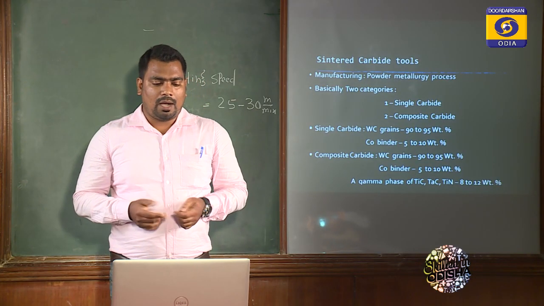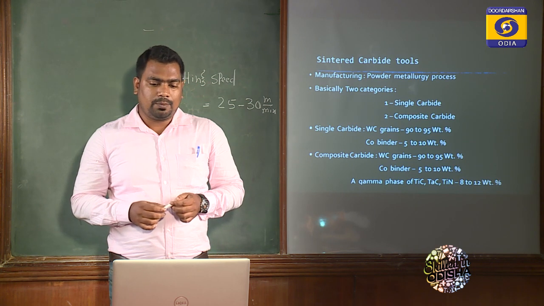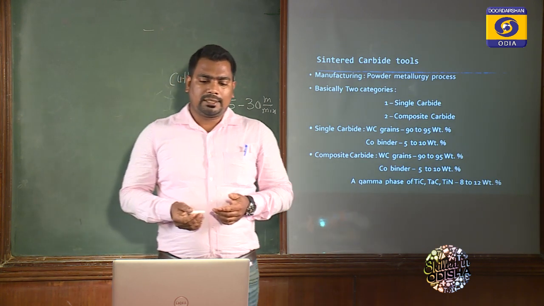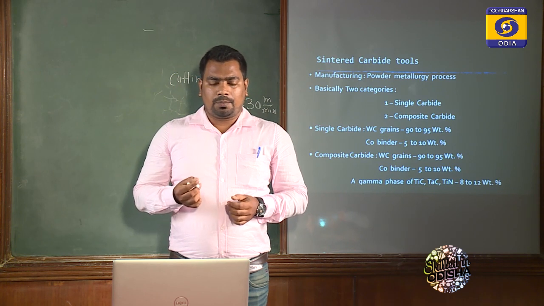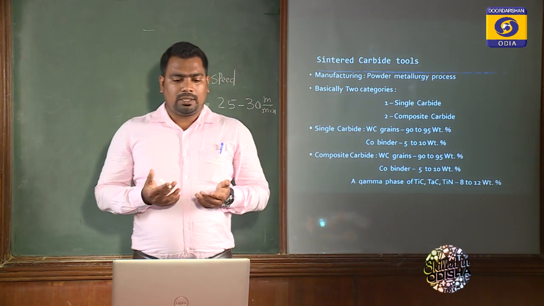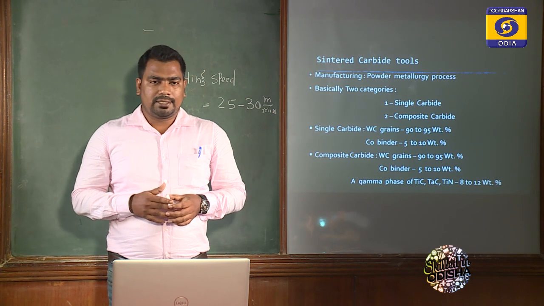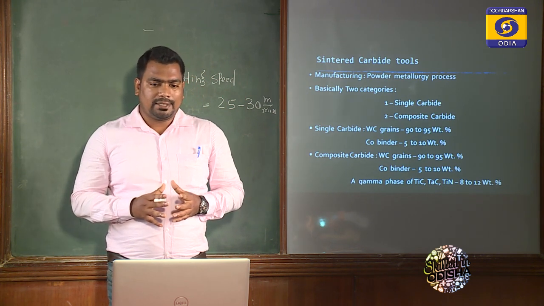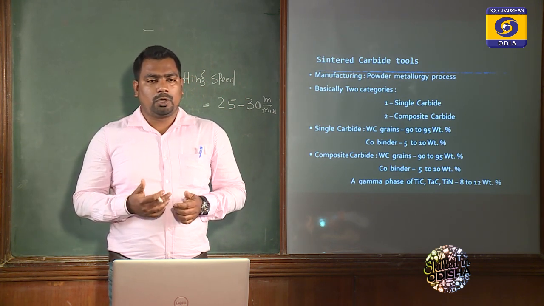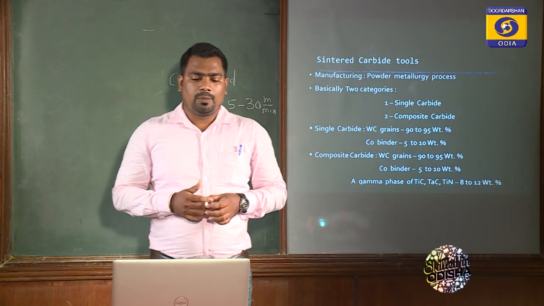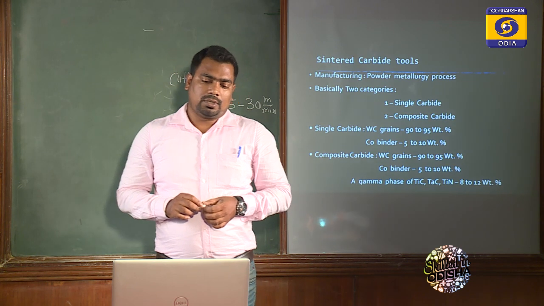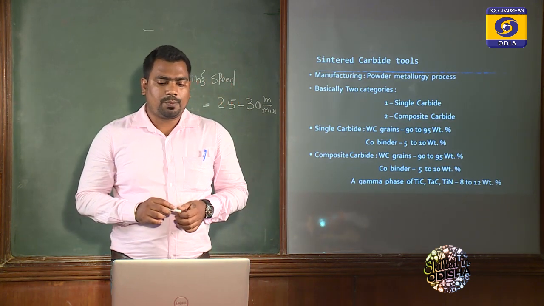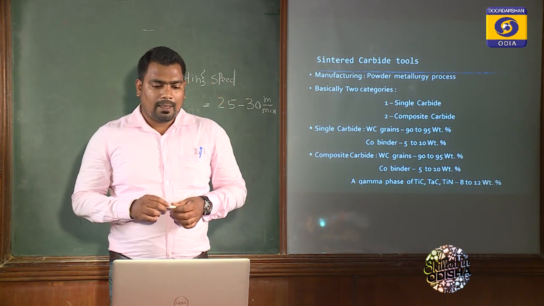What happens in the powder metallurgy process is we collect the powders of cutting tool materials, then we compact it, then we follow a process of sintering for manufacturing sintered carbide tools.